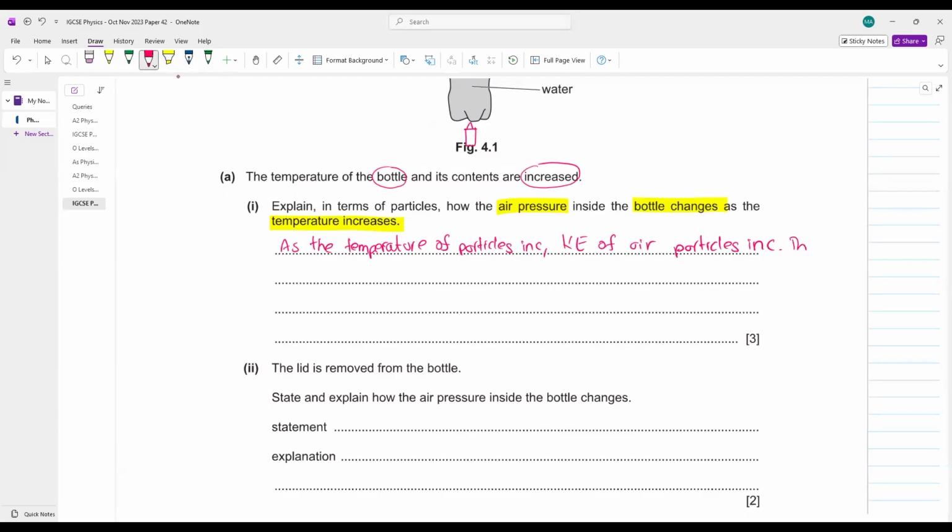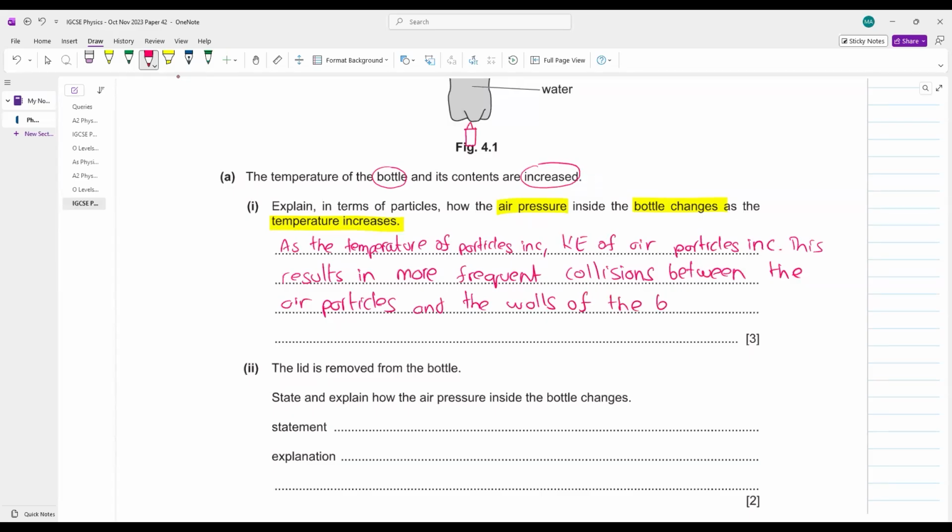This results in more frequent collisions between the air particles and the walls of the bottle, resulting in a greater force per unit area, and hence a greater pressure. Simple.